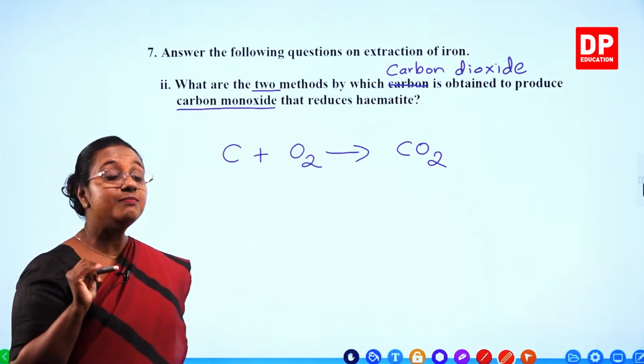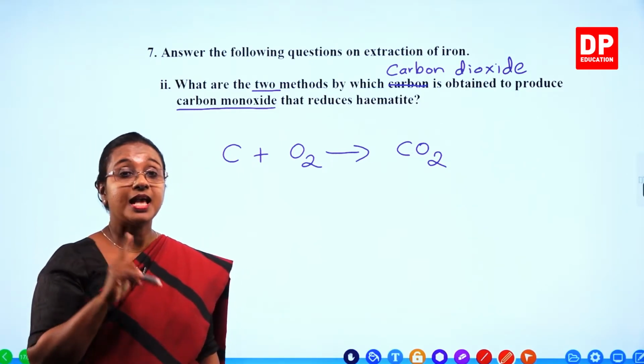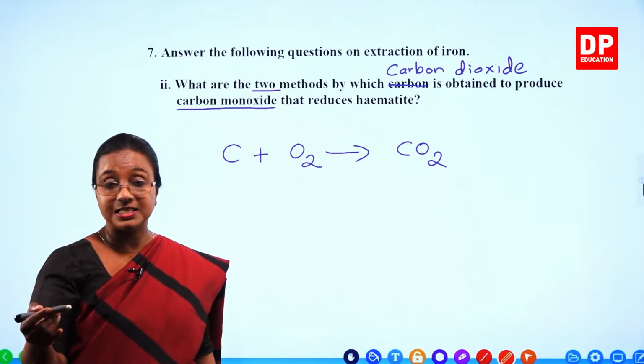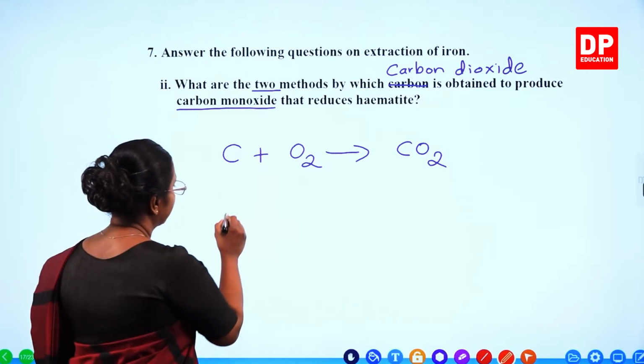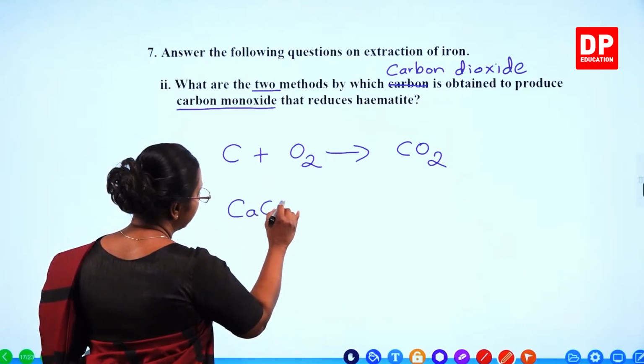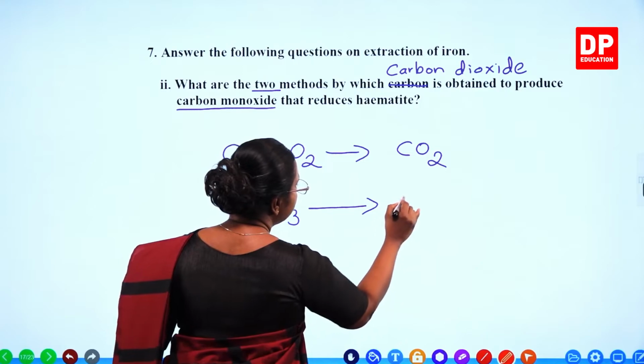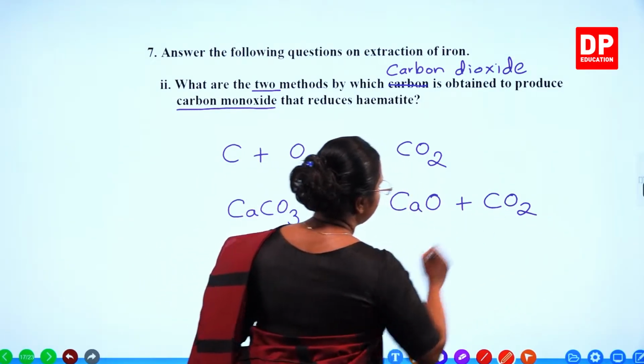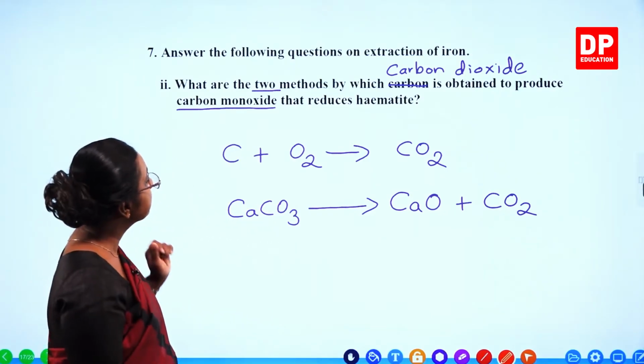Limestone. Calcium carbonate is limestone. When limestone decomposes, calcium carbonate decomposes to give calcium oxide and carbon dioxide. That is the second reaction.